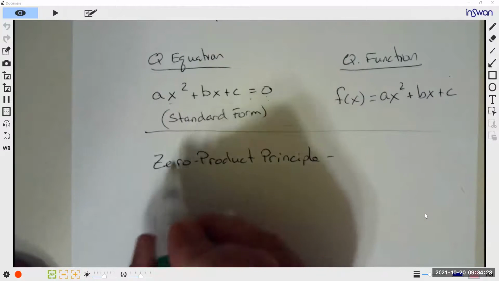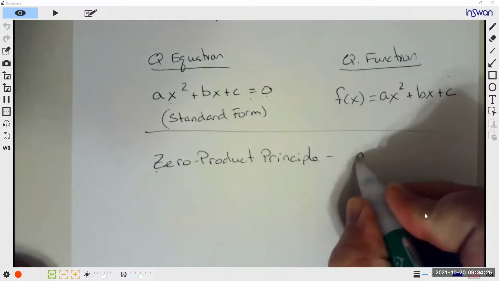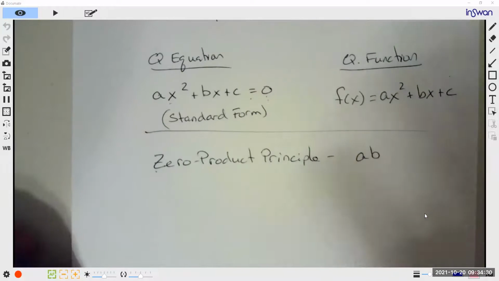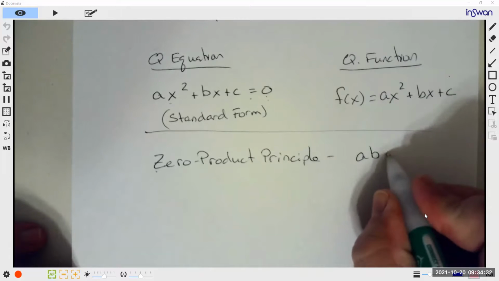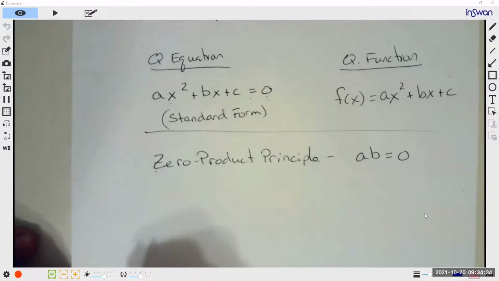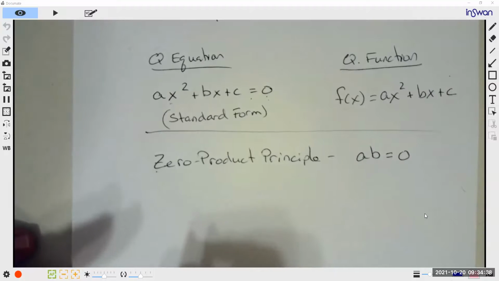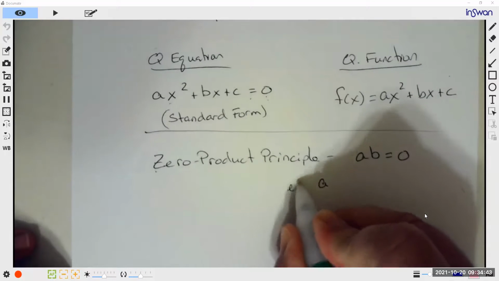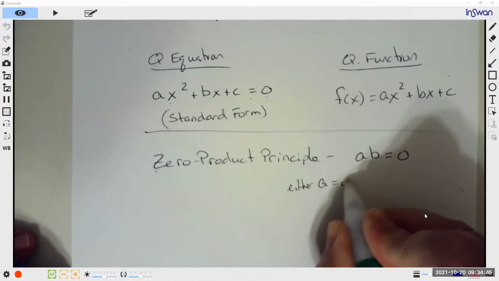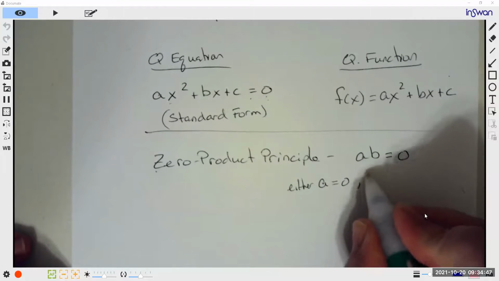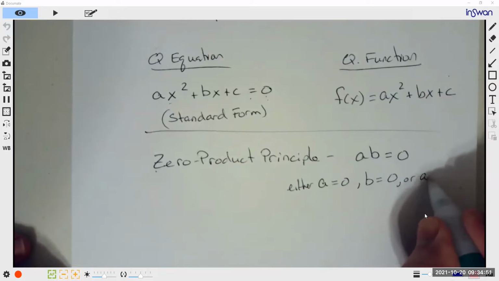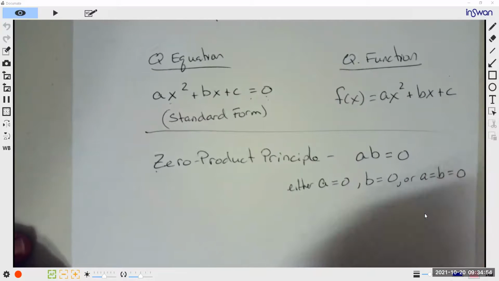What it says: if you have 2 numbers or 2 terms multiplied together, and then they equal 0, then what has to be true is either A equals 0, B equals 0, or both A and B equal 0.